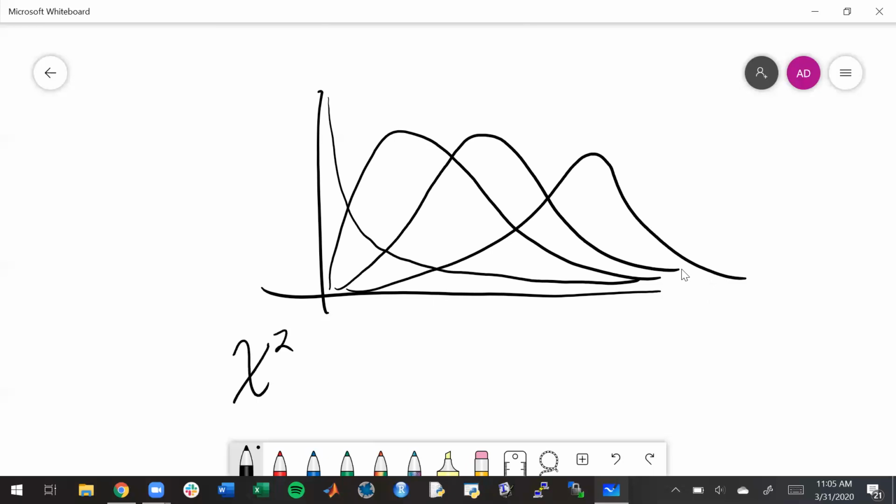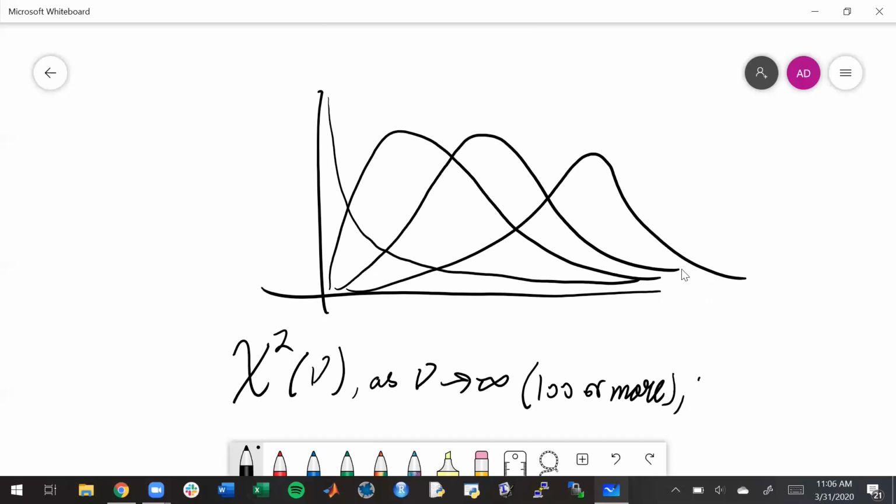So that is chi-squared of nu degrees of freedom as nu increases to infinity, so it gets really big. Even before 100, but 100 is pretty safe, the chi-squared distribution will approach a normal distribution.